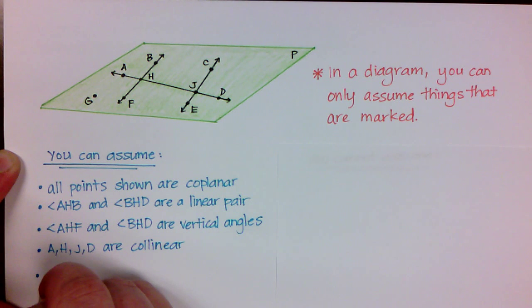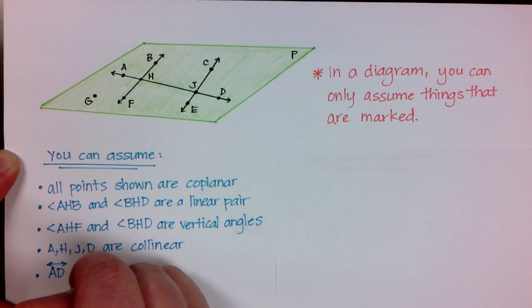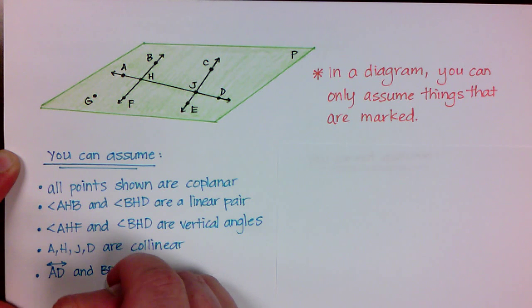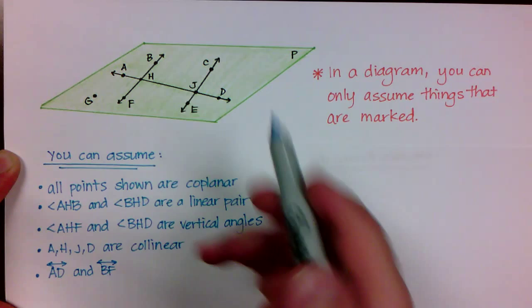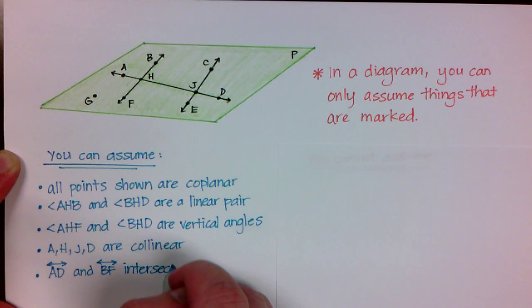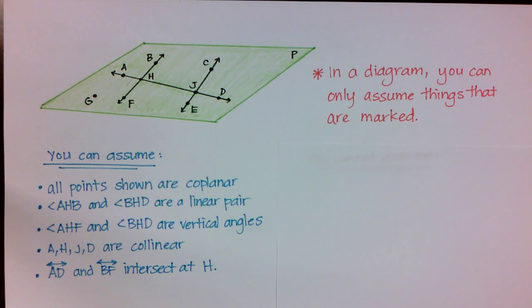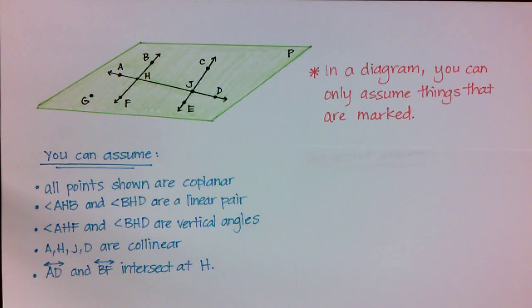And I can also assume that line AD, that's this long line across, and line BF, this one right here, intersect at H. So all these things are very easy and clear for me to just make assumptions on based on the diagram. But there's other things that I cannot assume, and that's because they're not specifically shown to me.